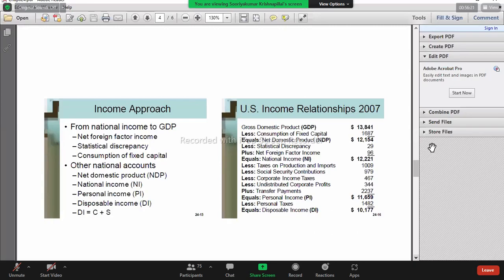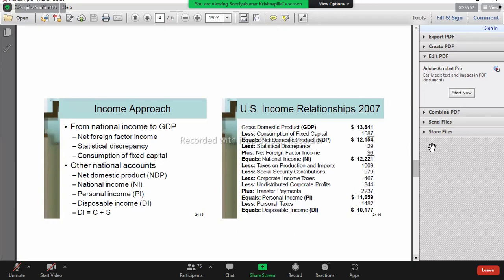National income is the income from resources supplied by Americans or Sri Lankans, whether for foreign produced goods or domestically produced goods. All that income comes to the country, that is national income. Now our workers, laborers are working in the Middle East.